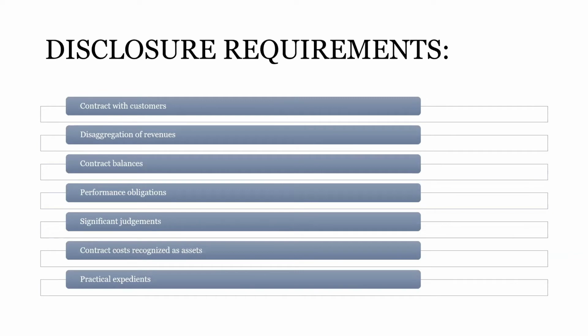So, yung contract balances need din siyang i-disclose, yung performance obligations, significant judgments, contract costs recognized as assets, and if meron practical expedients, we have to disclose na ginamit siya or it has been used.